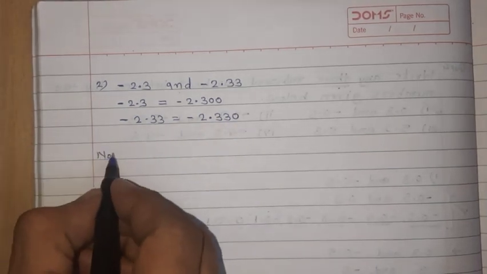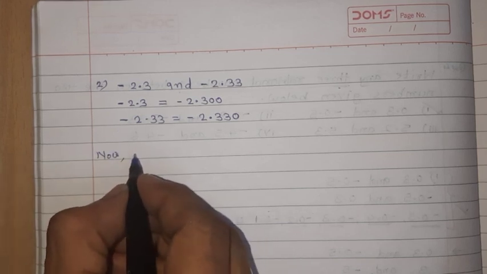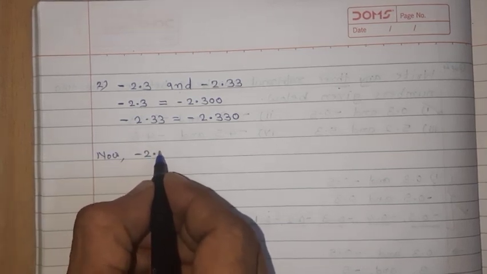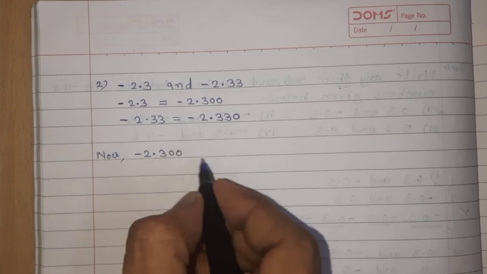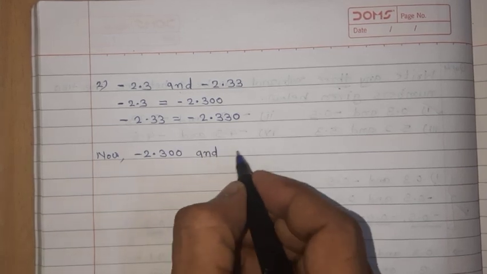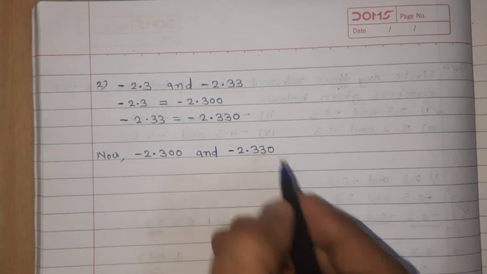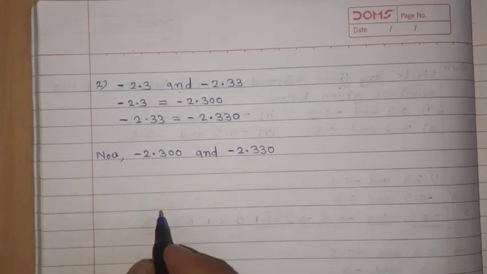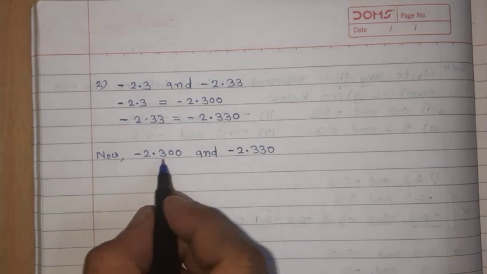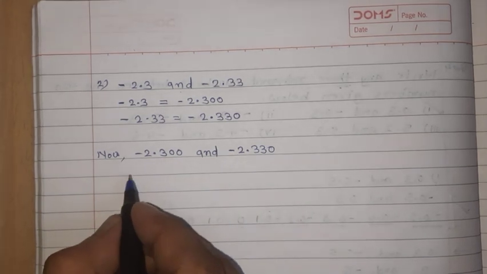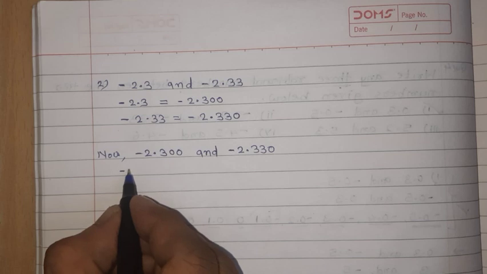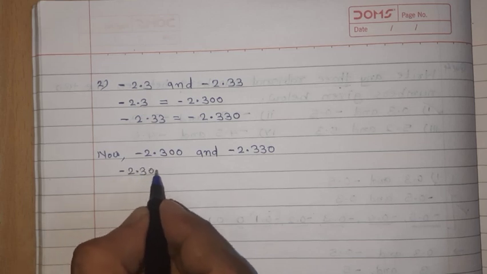Now the numbers are minus 2.300 and minus 2.330. Now we have to write the numbers between these two numbers. Therefore we can write first minus 2.300.